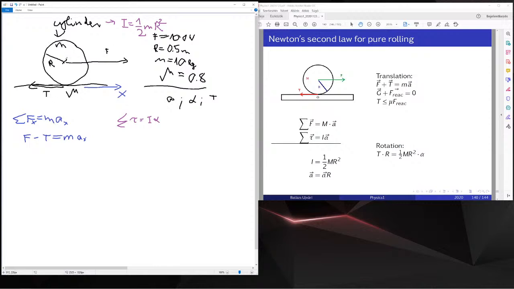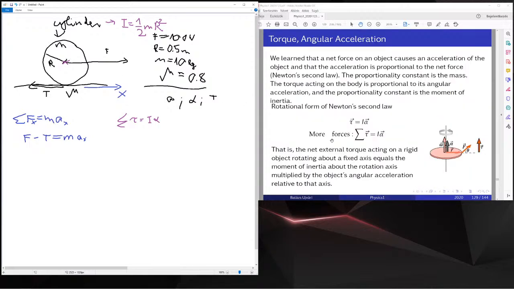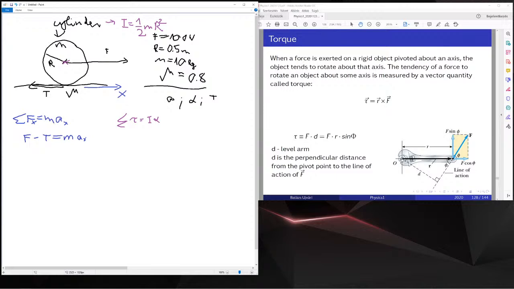Fortunately, this F goes through the axis of the rotation. It means the lever arm is 0, since the lever arm, by definition, is the distance between the line of action, technically the vector of the force, and the origin. If it goes through the origin, it has to be 0. So the only force that can rotate this body is the T.